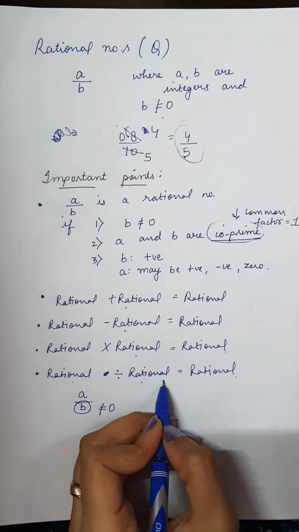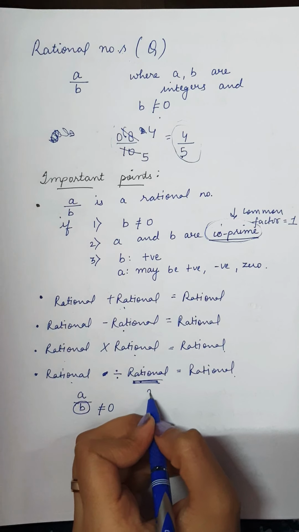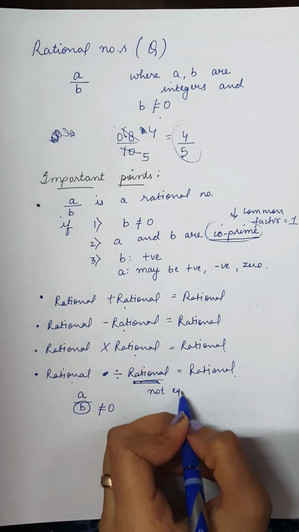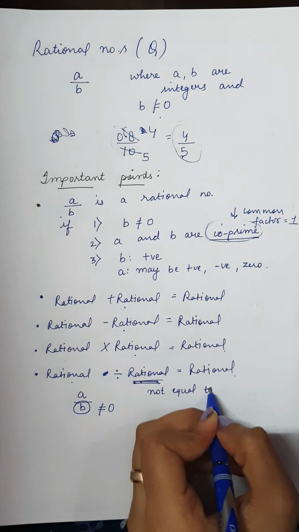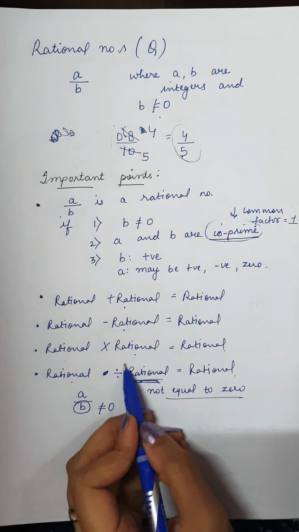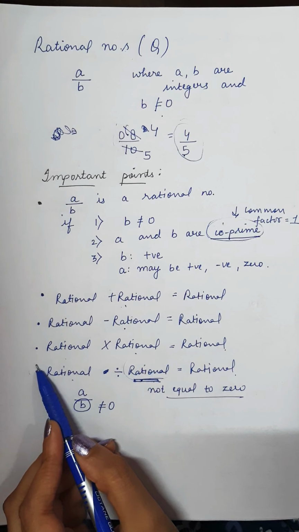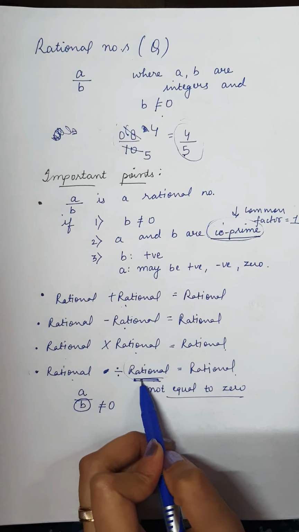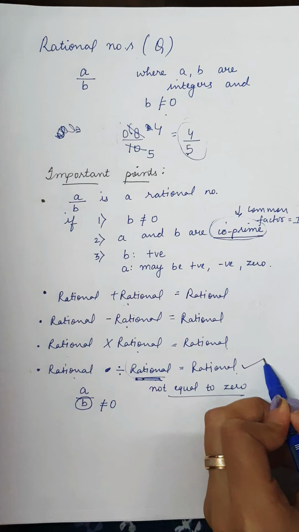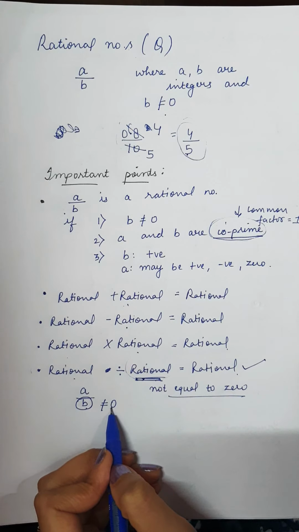That means this rational number with which we are dividing should be not equal to 0. Getting the point? If the denominator will be 0, the whole fraction will not be a rational number. So division of two rational number will be a rational number only when the denominator is non-zero.